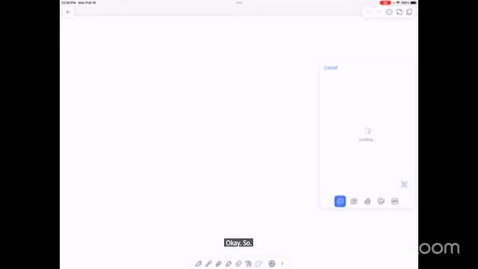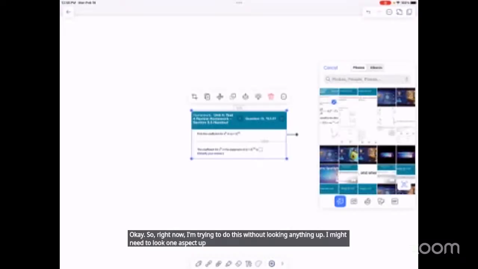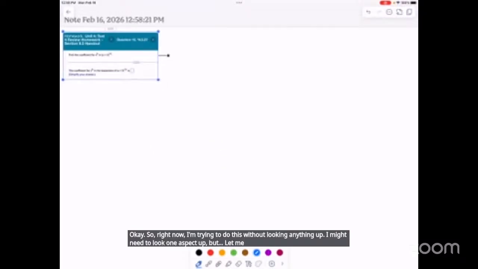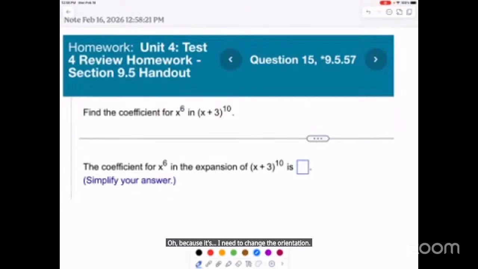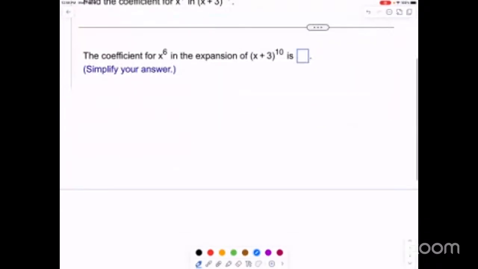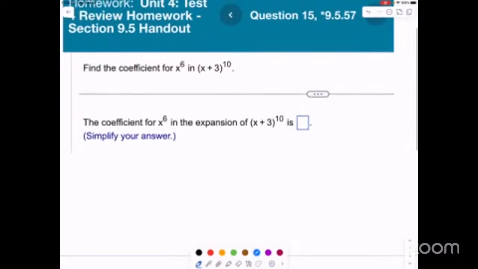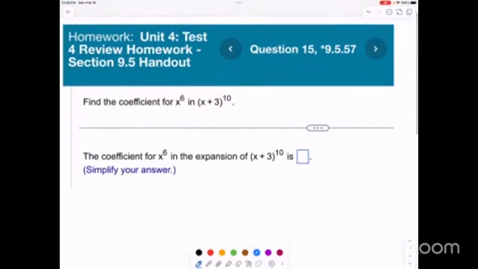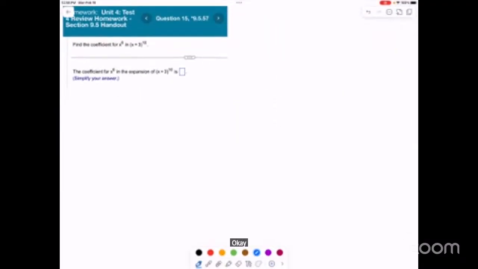So right now, I'm trying to do this without looking anything up. I might need to look one aspect up, but let me think for a moment. Oh, because I need to change the orientation. Okay, let me see.